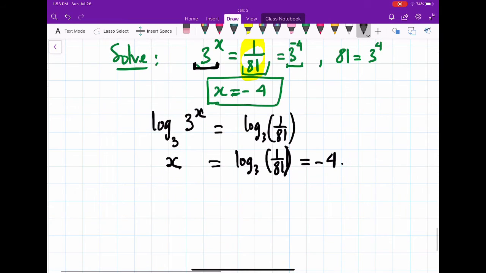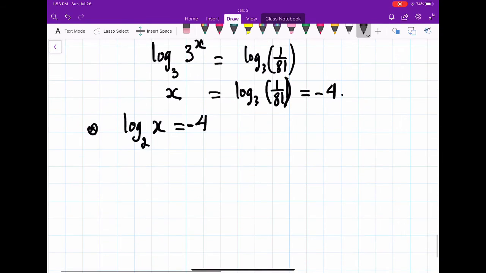If they give you a logarithmic function, how do you do that? Like log to the base 2 of x equal to -4. You need to apply the inverse function of the logarithmic, which is the exponential, right? You apply the exponential to both sides, but the base should be the same as this one.